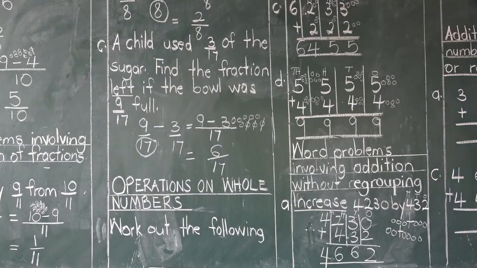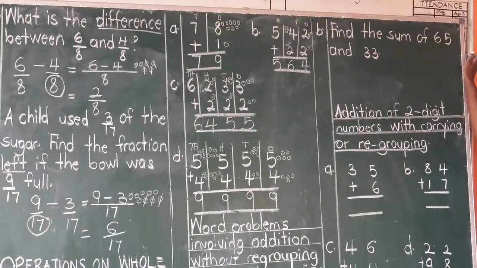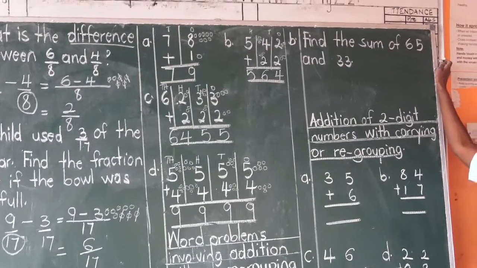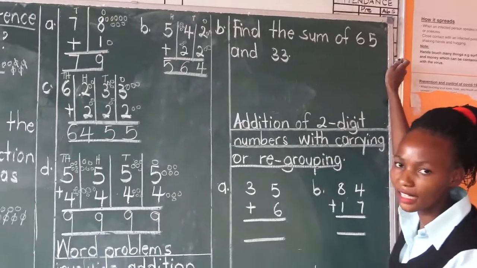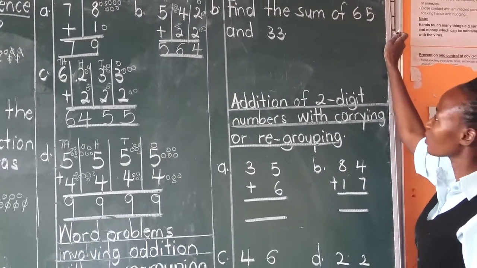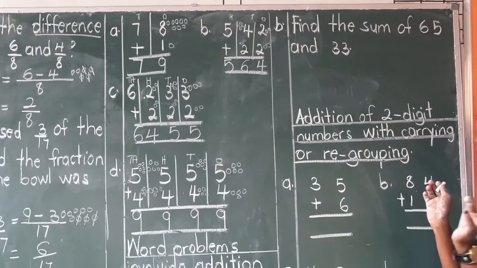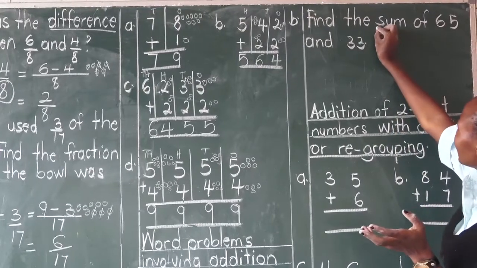Let's look at this one also. Find the sum of 65 and 33. What is the keyword? That's what you have to first look at before we do anything else. Okay, when I look at this sentence, the keyword is sum.